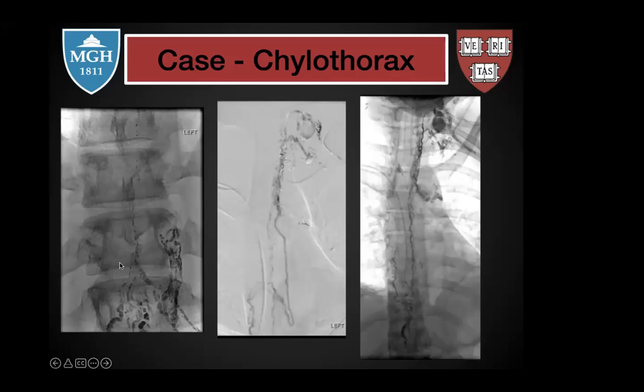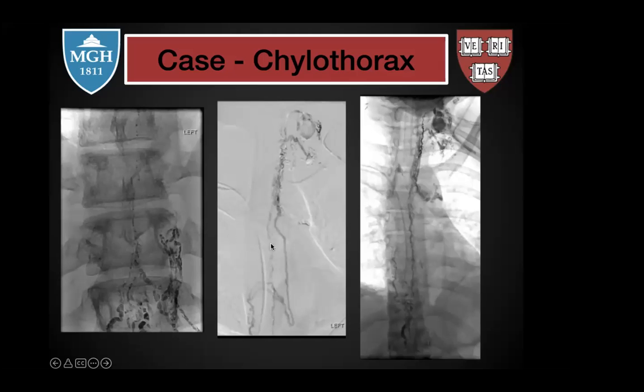So these are images from her lymphangiogram showing some of the abdominal lymphatics. She had a very thin retroperitoneal channel. I'm not even sure if you would call it a cisterna chyli, but we were able to access that. And again, we saw a complex anatomy of her lymphatics, whether it was congenital or related to her postoperative state, I'm not sure.